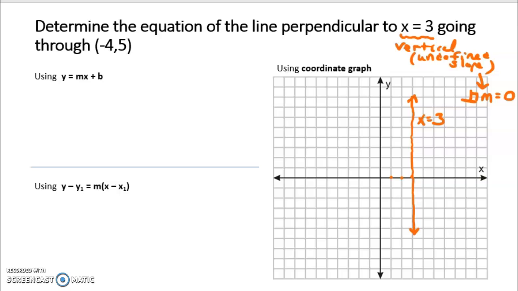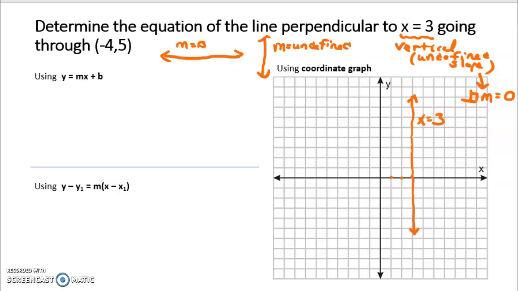So quick rehash. Horizontal lines always have a slope of 0. Vertical lines always have a slope of undefined, no number. Okay? So anytime you do opposite reciprocals, you're just going to bounce back and forth between these two.